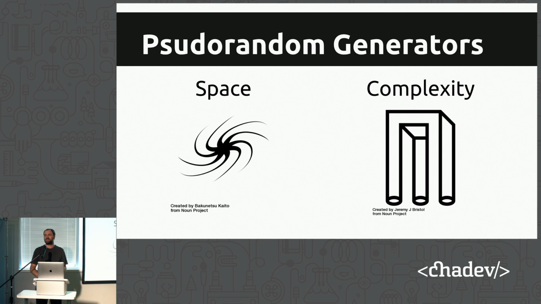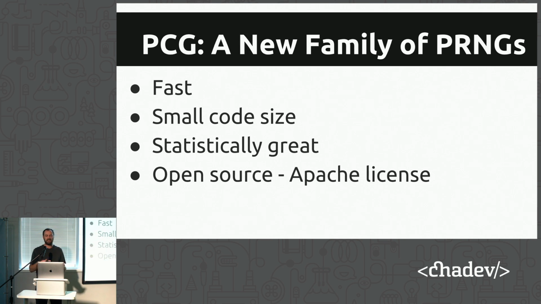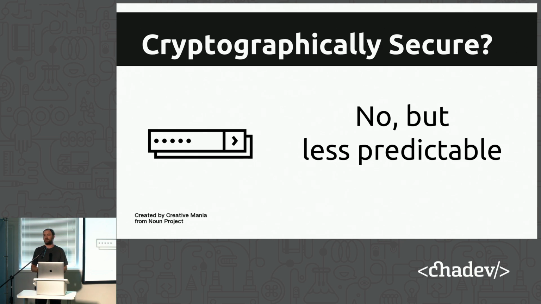And that's one of the places that PCG really works well. It is fast. It has a tiny code size. It's statistically very great at generating random numbers for most things. And it's open source. It's got an Apache license, so it's really easy to see code and copy code. The one main thing with it is that it's not cryptographically secure. That means you should not use this for passwords or encrypting.